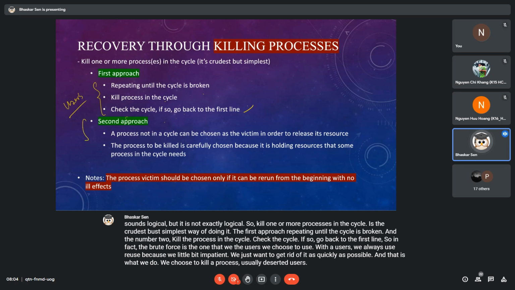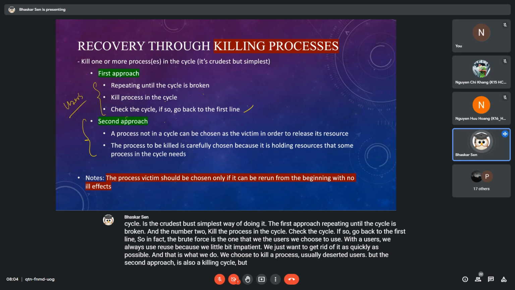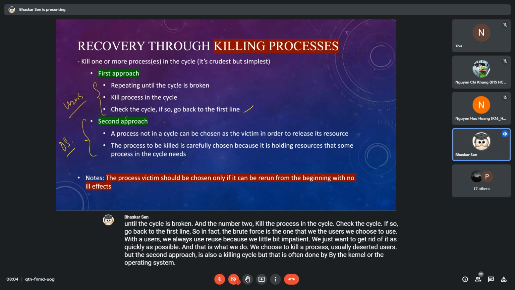But the second approach is also killing a cycle, and that is often done by the kernel or the operating system. If the kernel has to do it, it may do it in a more accurate, more logical way.